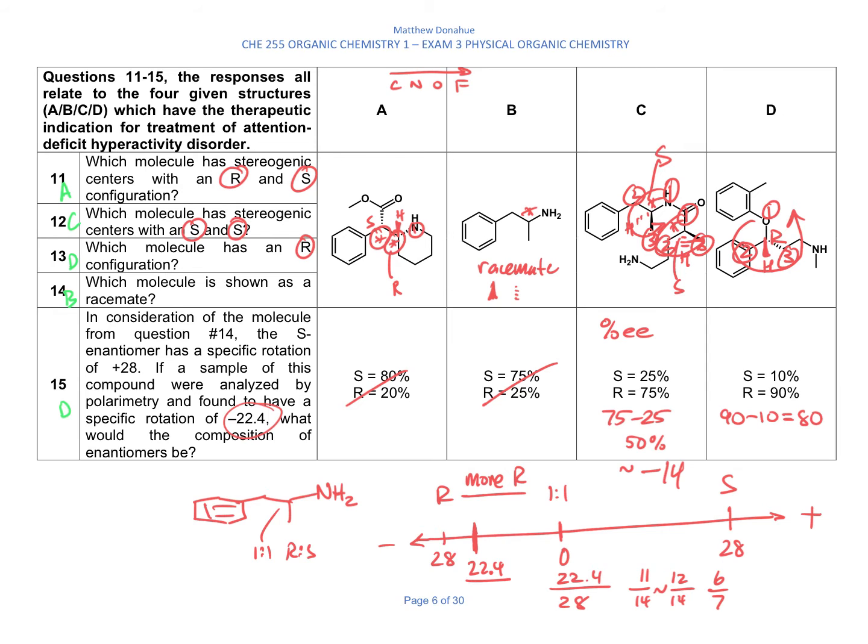So just using some reasoning, this seems like a more logical composition. Again, calculators aren't allowed on the exam, but you should be able to reason, based on first principles. So let's move on to the next run of questions.